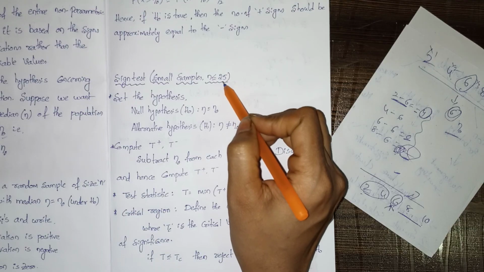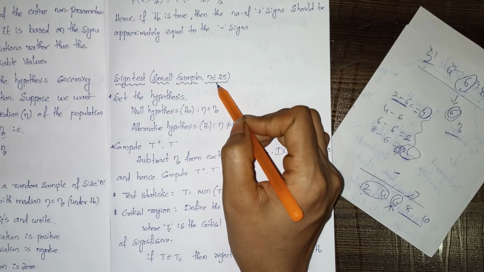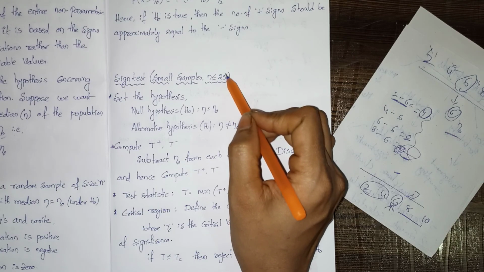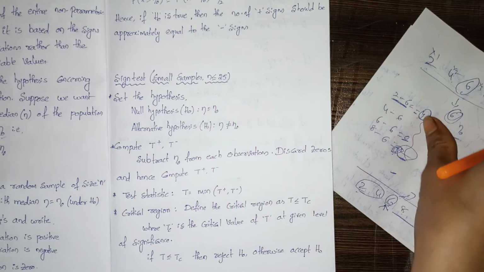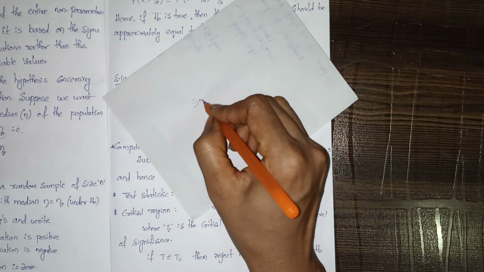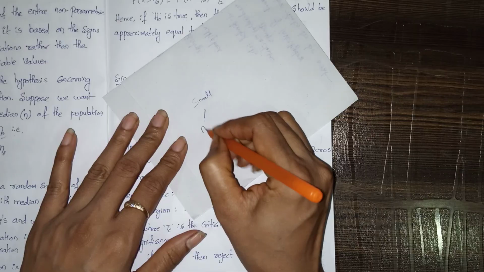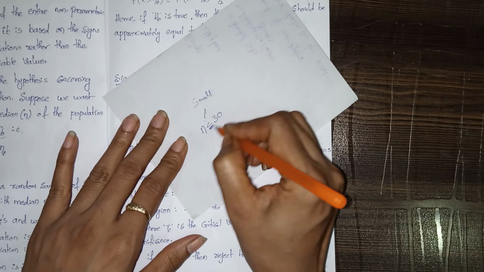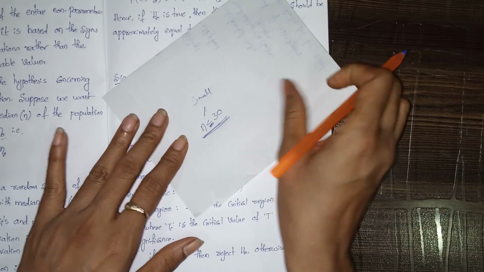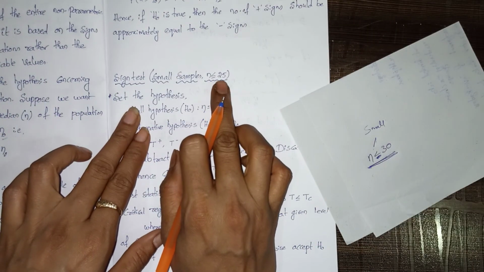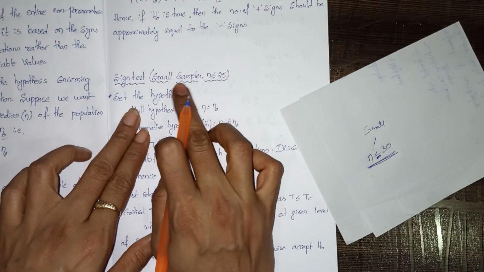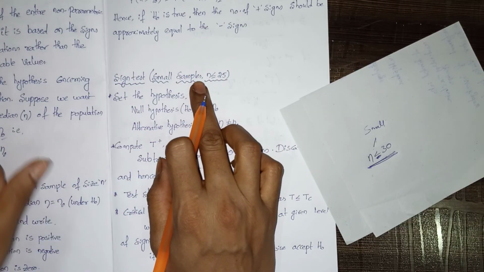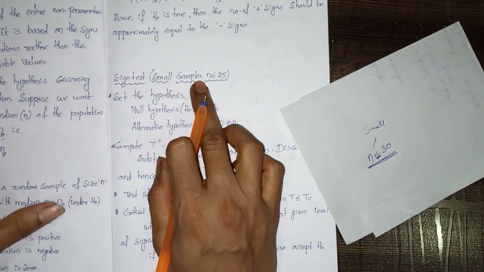Here we write 25, so the sample size should be n less than or equal to 25. Then only we call it a small sample, only in the sign test, not in all tests.